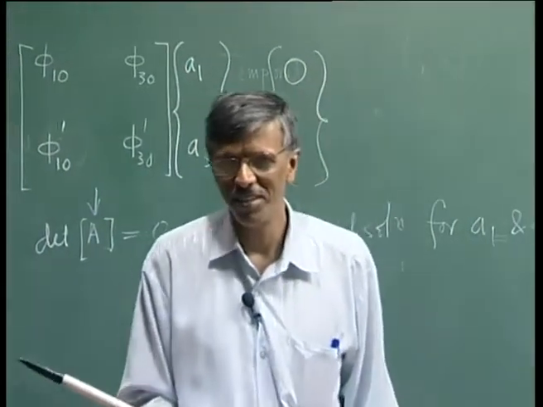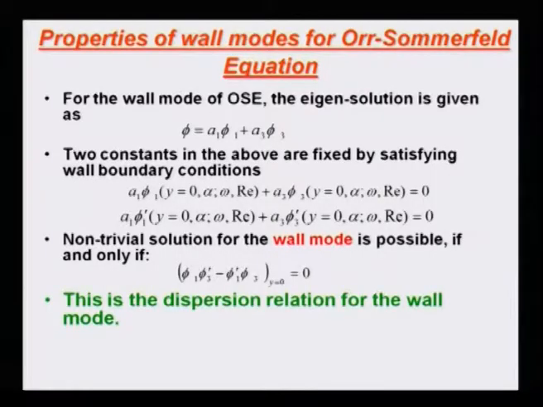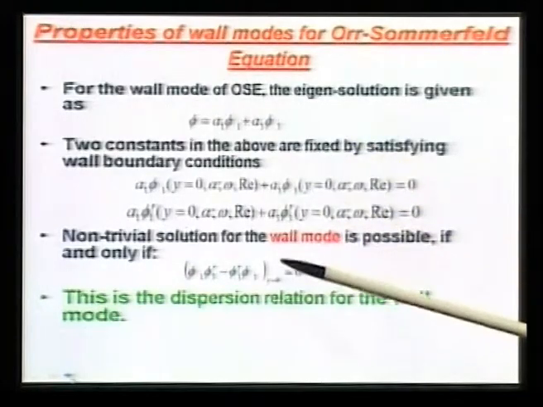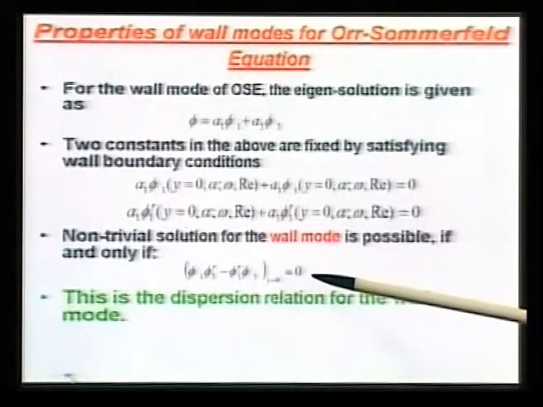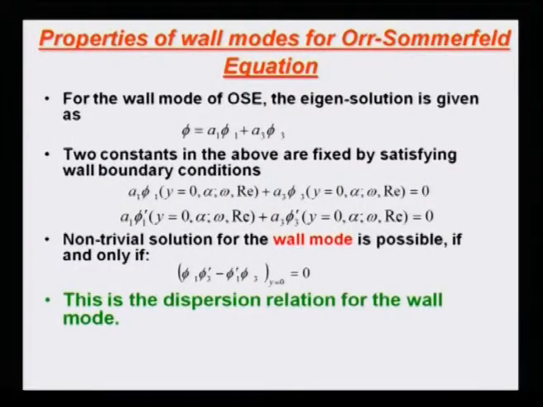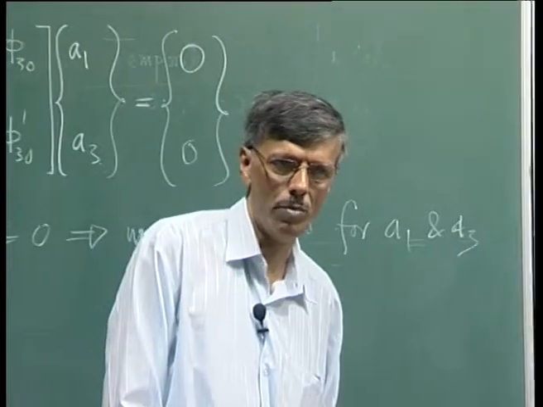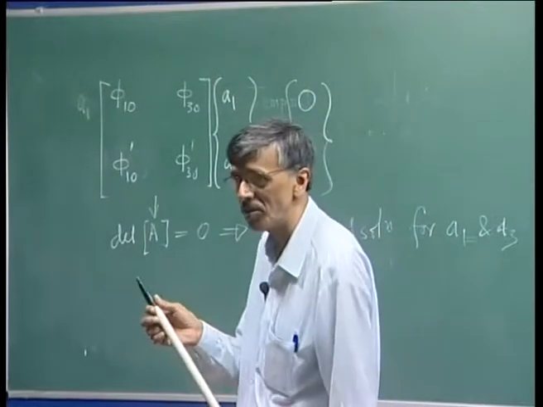stability theory as we have understood. Basically, it comes out that the fundamental solutions should be such that this combination would be equal to 0 at y equal to 0. And this will not be true for any arbitrary choice of alpha, omega and Re. This will only happen for a specific choice.